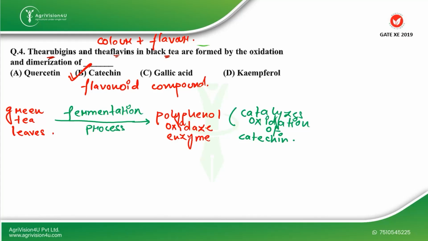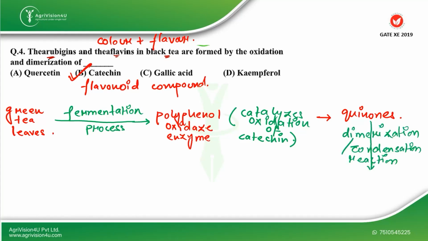So what will happen? It will lead to the formation of quinones. Now these quinones can undergo dimerization and condensation reactions to form the thearubigins or the theaflavins. Hope you got this point.